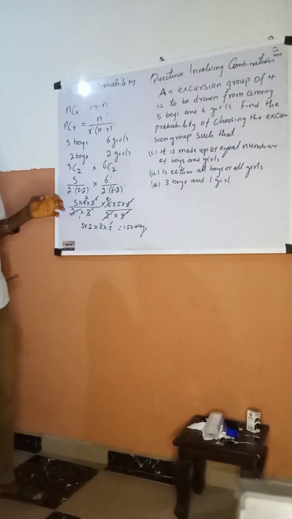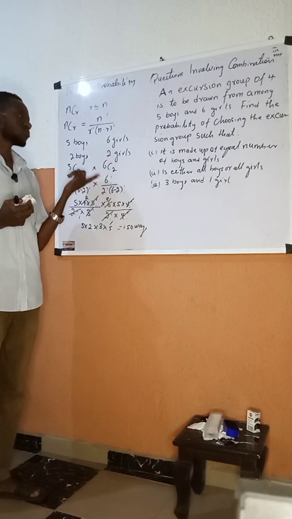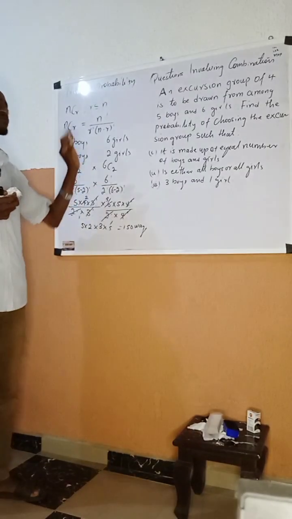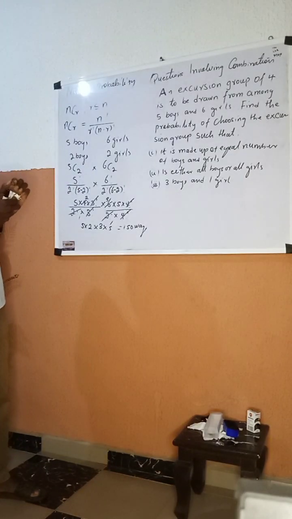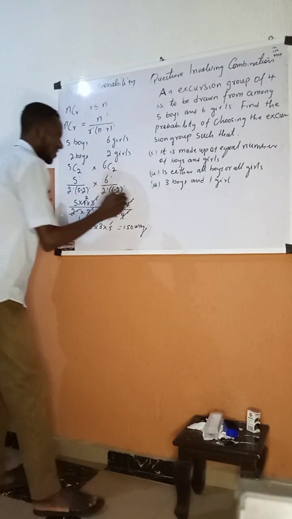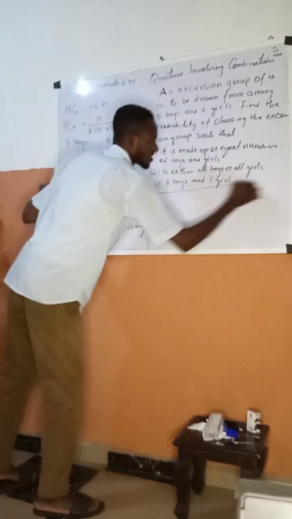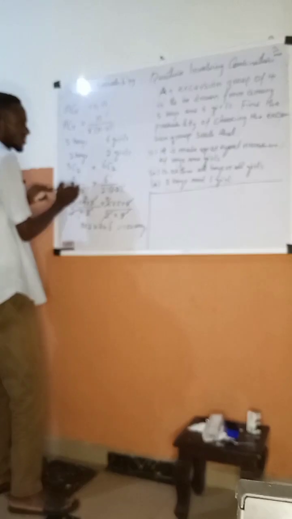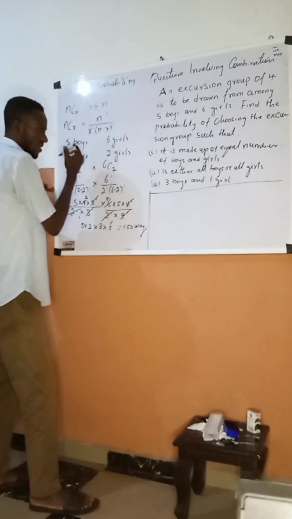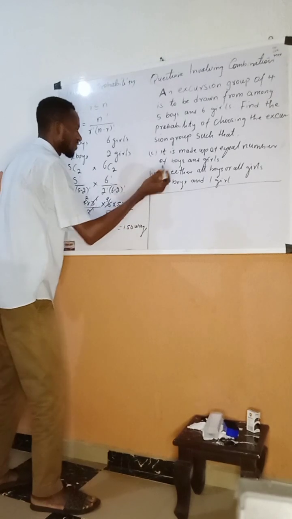We call such a selection a selection without restriction. Here, there was a restriction because we were told that we must have 2 girls and 2 boys. The first one was selection with restriction, where I was told how many boys and how many girls. Here is going to be without restriction.